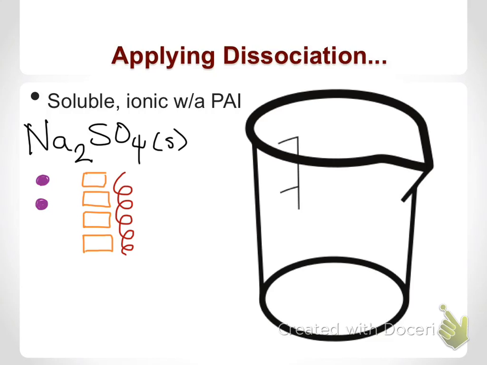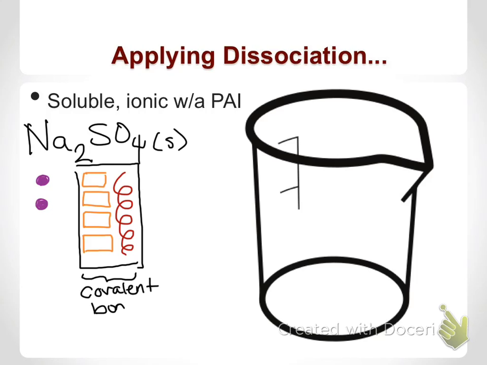Okay, so this whole polyatomic ion, I'm going to draw a line around, because that is going to stay together. So that has covalent bonds inside, because an S to O difference in electronegativity is going to be very low.